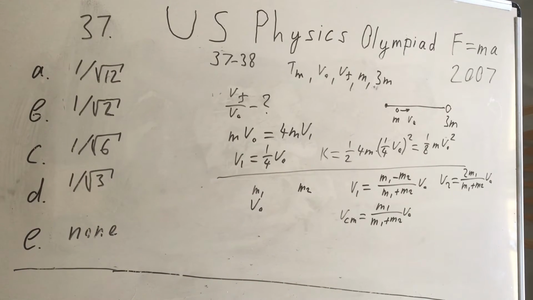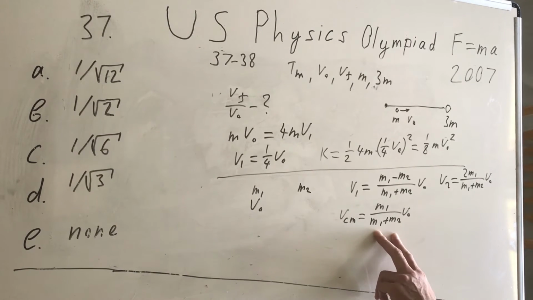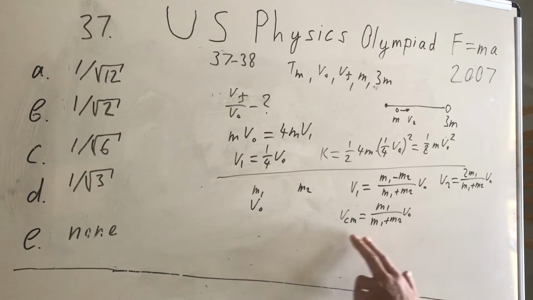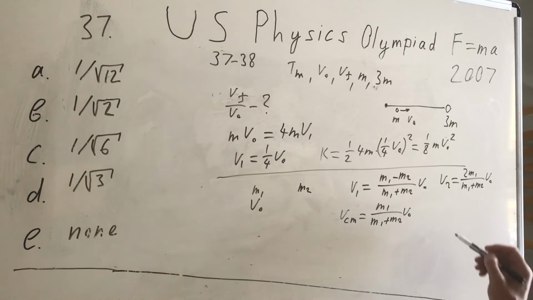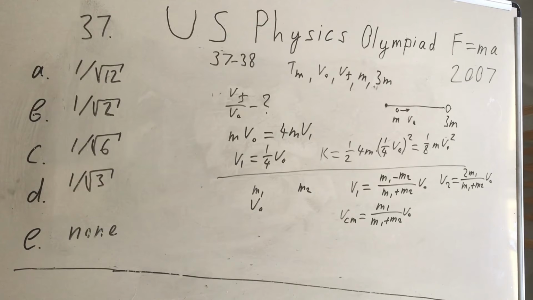When we go back to our initial frame of reference, we just need to add the velocity of the center of mass. So we have v2 equal to 2 m1 over (m1 plus m2) times v0.